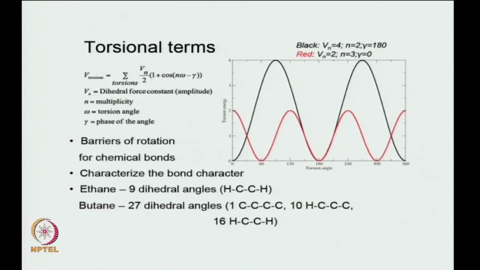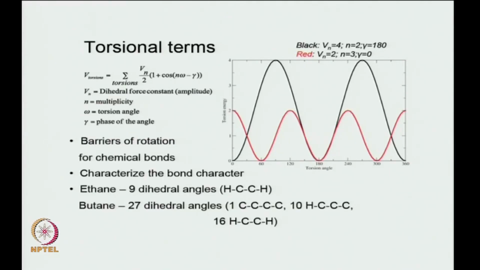Now, the torsion term as it goes, you look at n, n is a multiplicity, multiplicity essentially is the periodicity of this torsion. Okay. So, n is equal to 1, 2, 3, 4, it can go on like that. Omega is the torsion angle, the angle around which we are doing this torsion, and gamma is referred to as the phase angle.